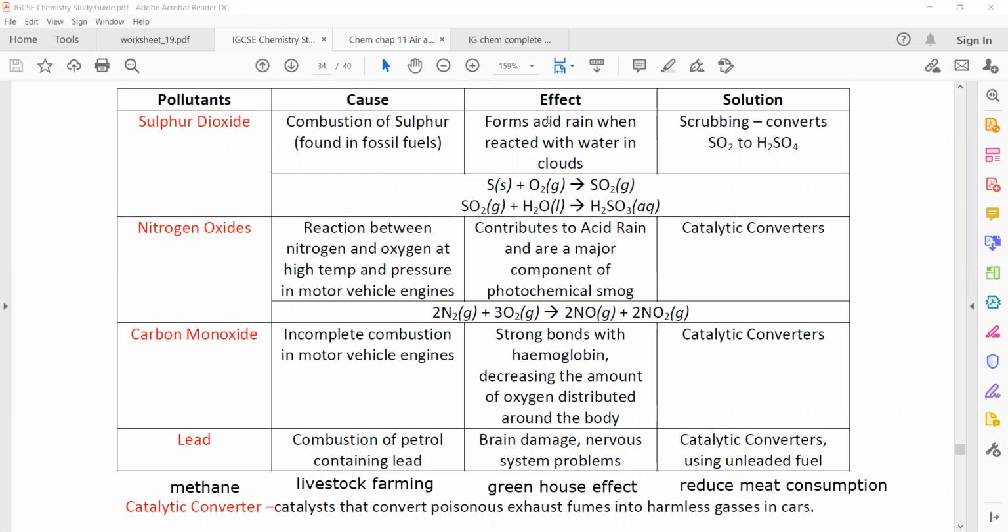So burning methane will release carbon dioxide. Carbon dioxide is less harmful as compared to that of methane.